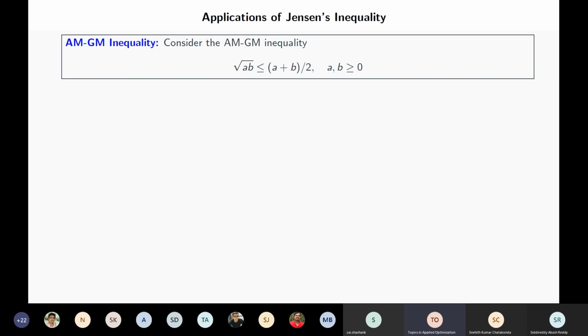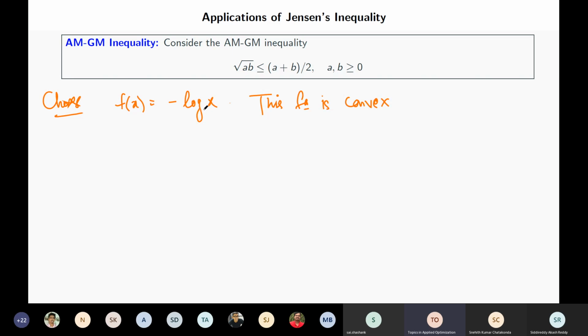Okay, so what do we have here? We can choose some function, right? So choose the function f of x to be minus log x. Okay, so this function is convex, and we can check that this function is convex.